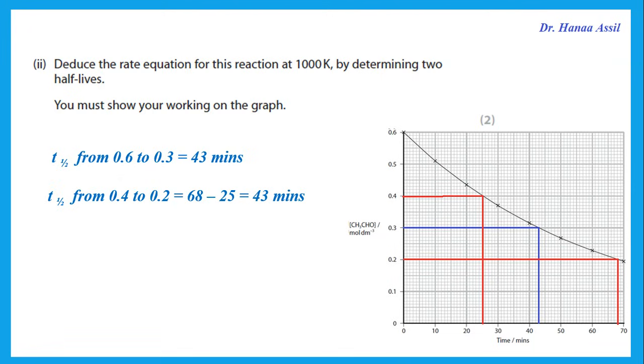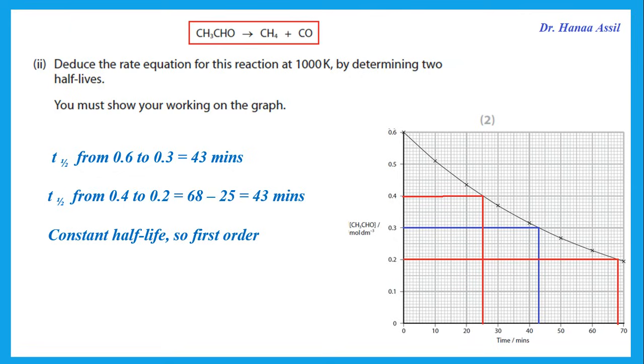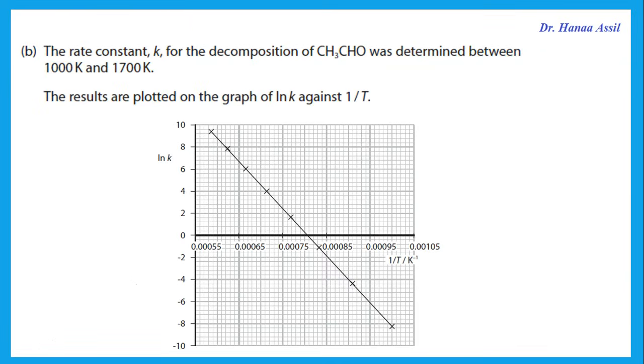Remember, if the half-lives are constant, that means the equation is first order, and that means the rate is equal to k times that reactant. Constant half-life means the reaction is first order.